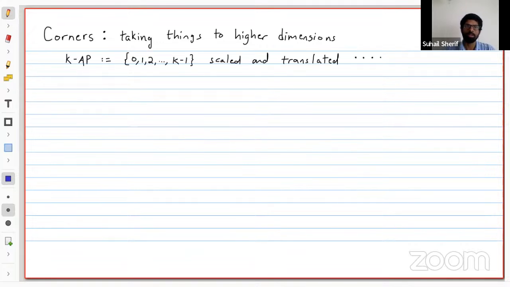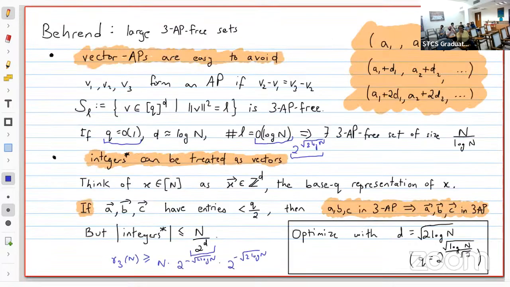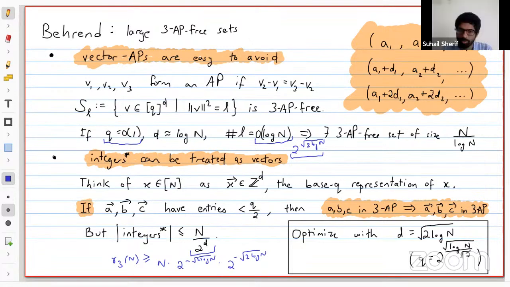So a k-AP was basically the set 0, 1, 2 till k minus 1, scaled. Sorry, just to confirm, Behrend's construction is still the best known construction, right? It's still the best known construction. I mean, Raghu Meka et al. gave that ninth root thing. Yeah, but there's no matching, the amount has not dipped below, right?